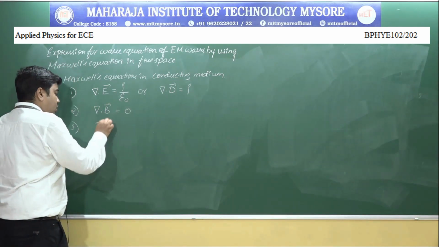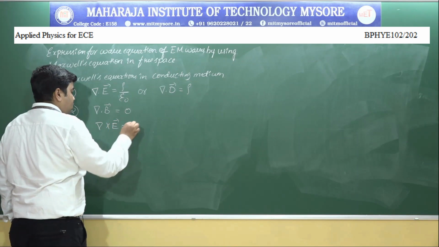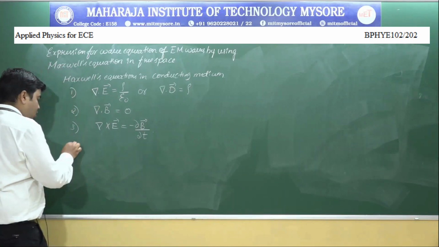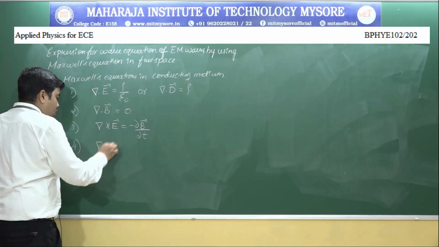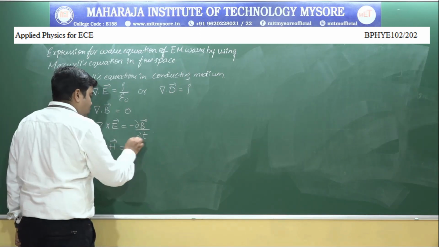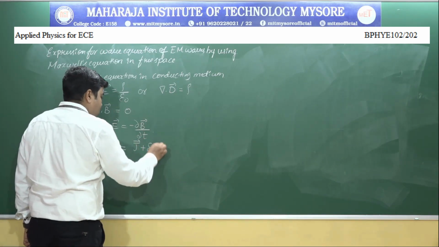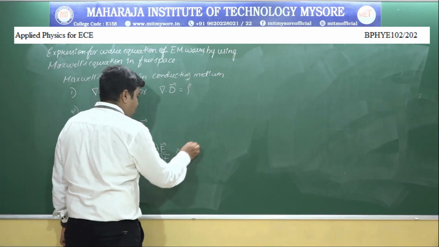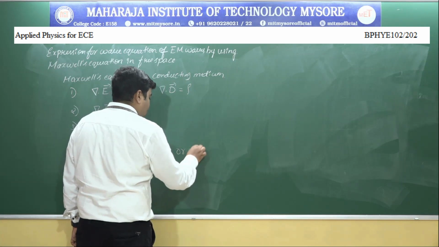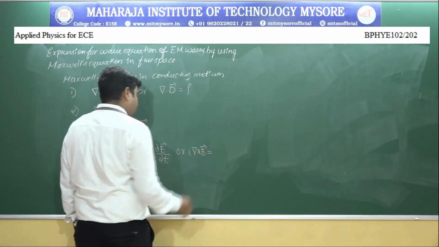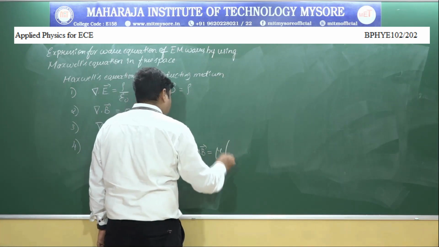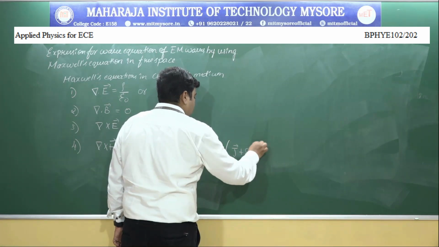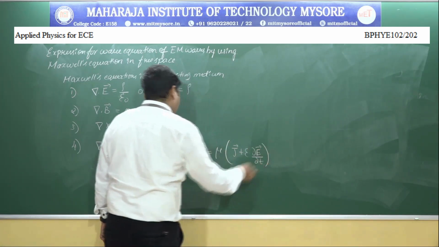Third one is del cross E is minus dou B by dou t, and fourth one is del cross H is equal to J plus epsilon into dou E by dou t, or del cross B is equal to mu into J plus epsilon into dou E by dou t.